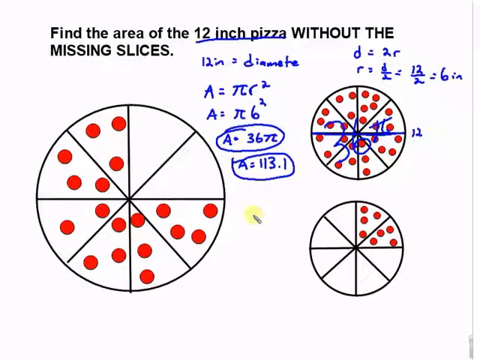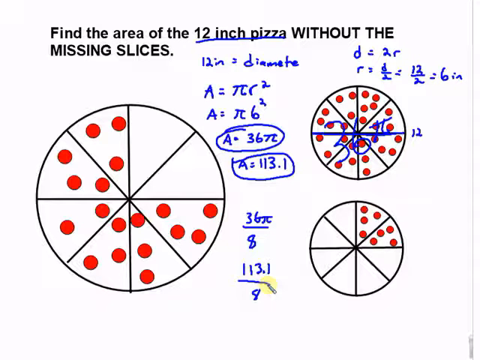So we take our area, which is 36 pi, and then we divide that by the total number of pieces. The pie has 1, 2, 3, 4, 5, 6, 7, 8 pieces. We divide 36 pi by 8. And if we want to remember it this way, we can also say that we divide 113.1 by 8.